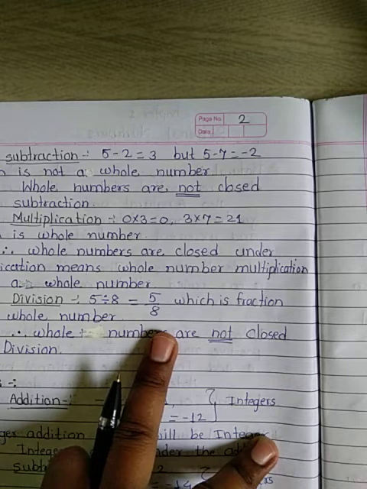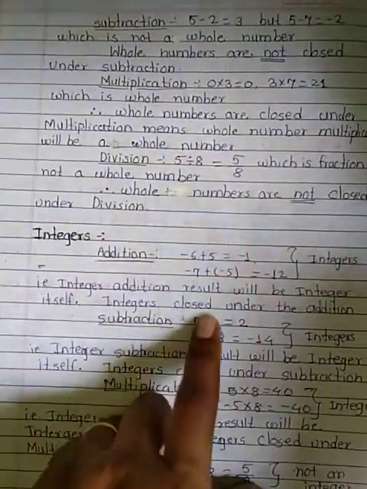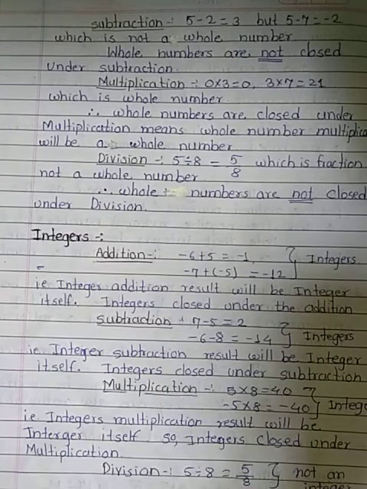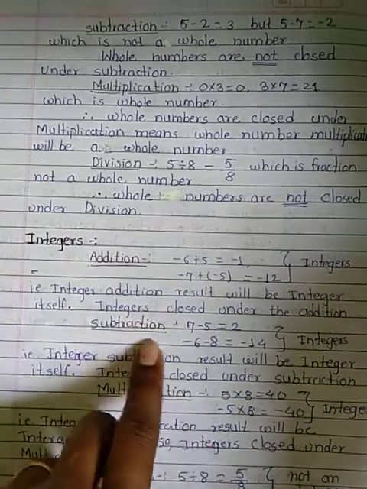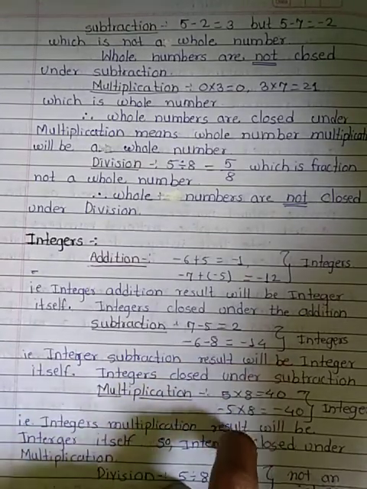Same thing for the integers, but with a change. Whenever we do addition of two integers, the answer will be an integer itself. Whenever we do subtraction of two integers, the answer will be an integer itself.